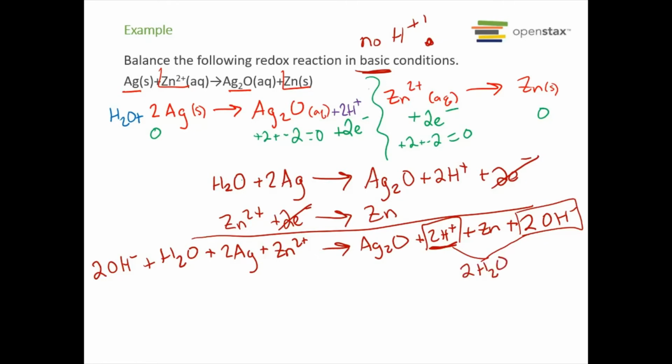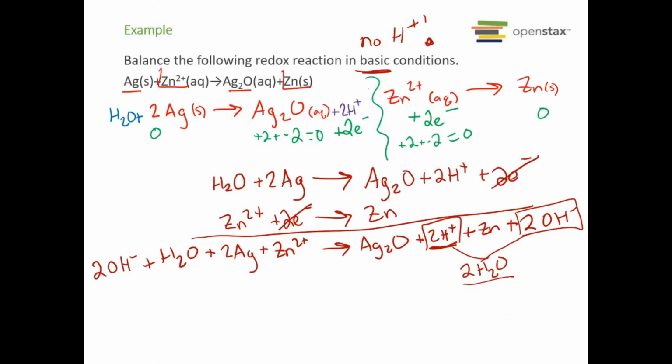So now what you should hopefully see is I have 2 waters on the right and I have 1 water on the left. If this were an algebraic equation, we could say this is x on the left and 2x on the right. If I were to subtract x from both sides, it would be gone from the left, and I would be left with just 1x on the right. So that's what's happening here with the waters.